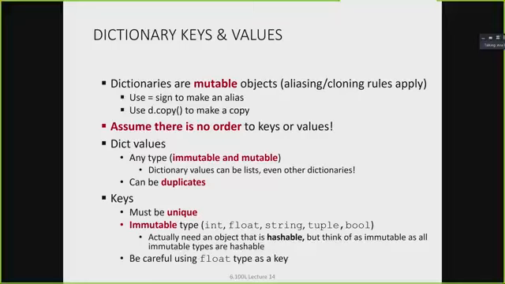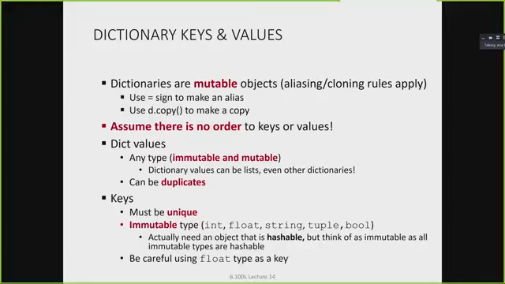So saying D1 equals D2, where D2 is a dictionary, means that you've just created an alias for that dictionary. So if you change the dictionary through either of those variables, you're changing the object itself. If you want to actually make a copy, you use d.copy, where d is the name of the dictionary you'd like a copy of, and that gets you a copy of that dictionary. And then you can change it without changing the original one.